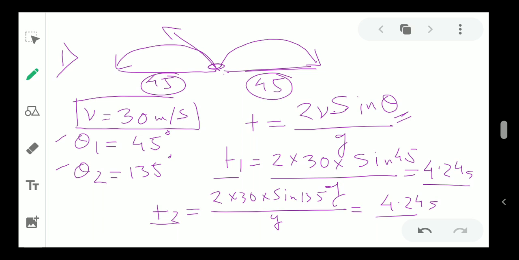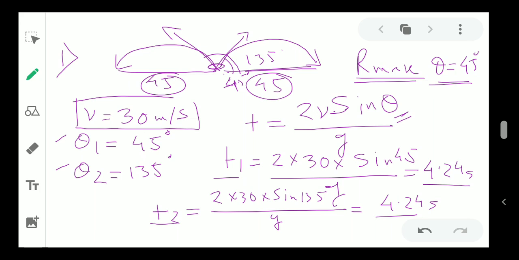When it is going that side, the total angle is 135, and when it is going this side, the angle is 45 degrees. And one thing you must know is that to get the highest range we must put theta as 45 degrees. Without putting theta as 45 degrees, you will not get the highest possible range.